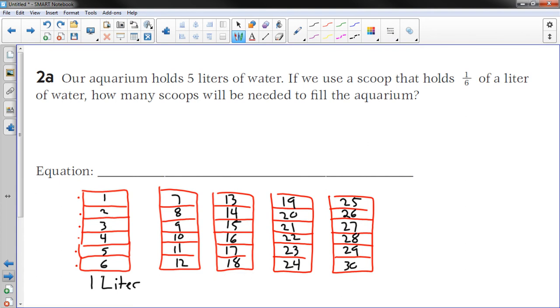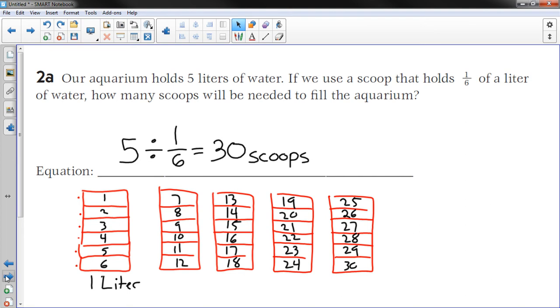Holy cow. That's a lot of scoops. So taking 5 liters and you're dividing them into sixths, you get 30 of those. 30 scoops.